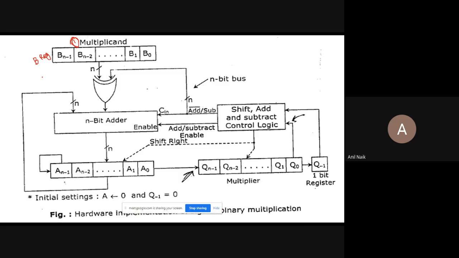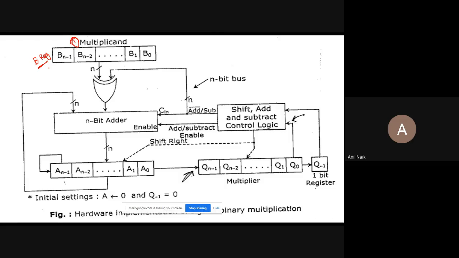For example, 10. You store it in the B register. This overall diagram is the hardware implementation of how the computer performs multiplication in Booth's algorithm.